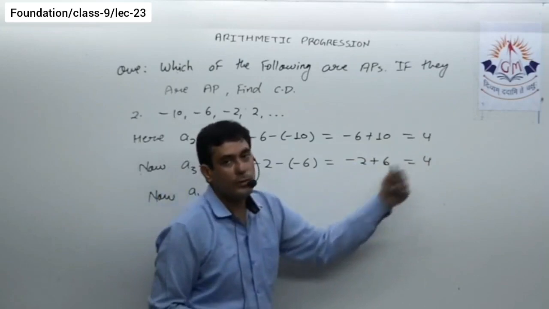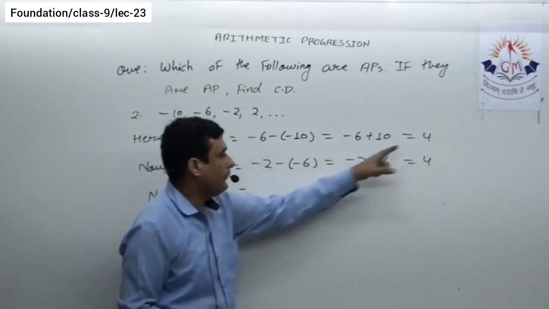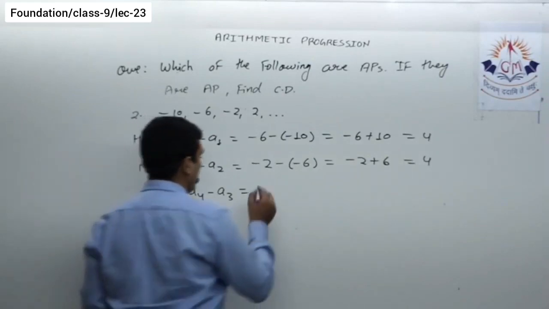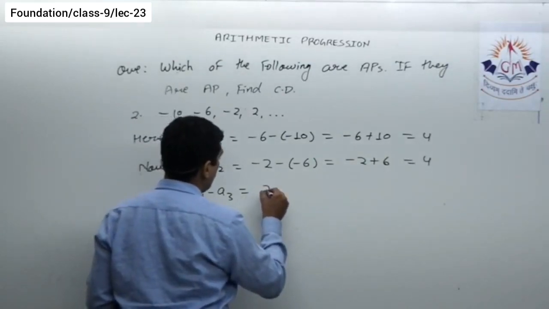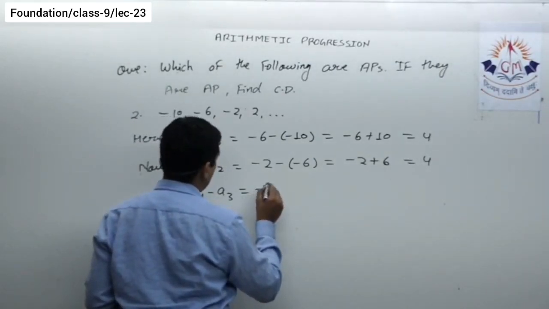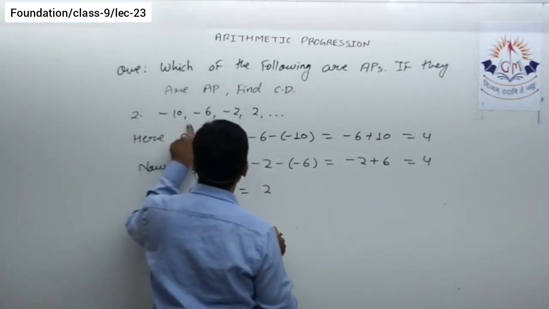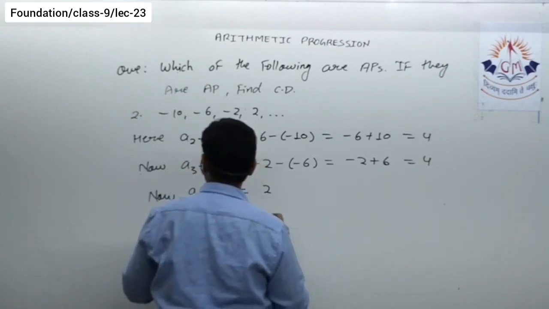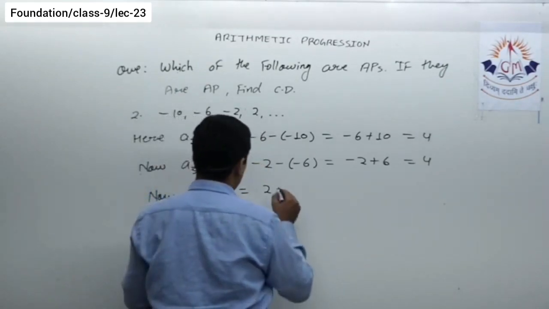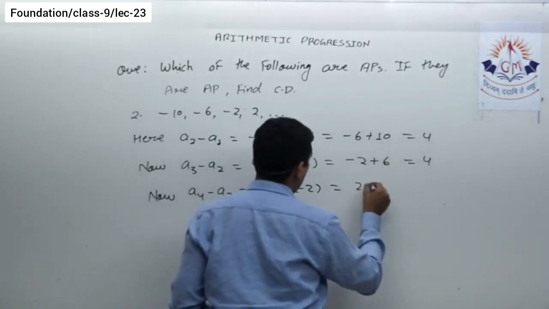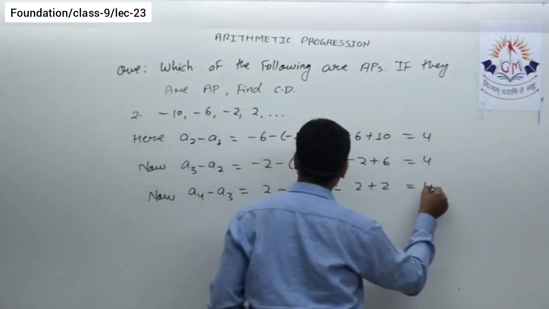These two are equal, that's why I am finding the third. If I find these two are not equal, definitely I am not going to find the third difference. Okay, A4 minus A3, so 2 minus minus 2, that is 2 plus 2, that is 4.